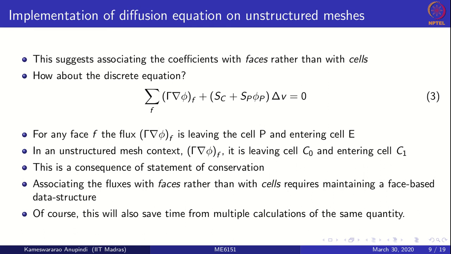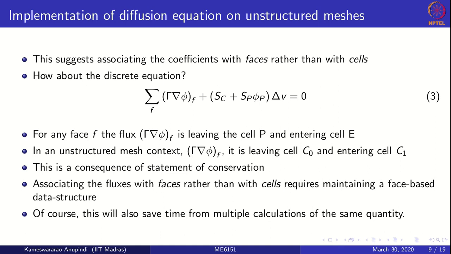You need to maintain a phase based data structure. That means you need to know what phases you have and which phases have what cell neighbors. For example, phase F has cell neighbors C0 and C1. Next phase F2 has cell C0 and cell C2, and so on. That connectivity information you need to know when you're dealing with unstructured meshes. Let's say we know that from some mesh generation software.